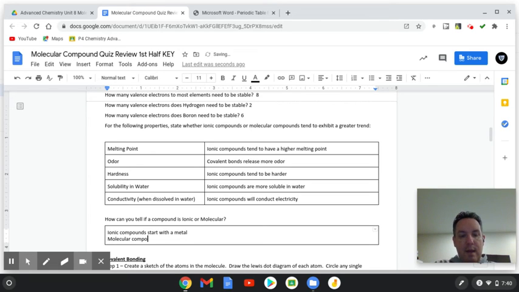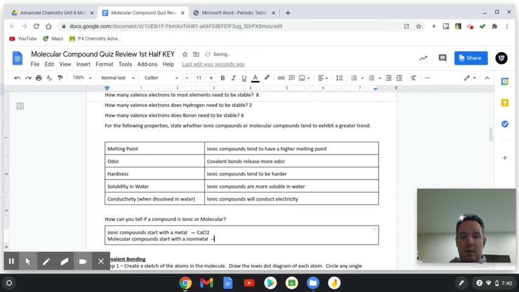Molecular compounds start with a non-metal. So if I give you on the quiz CaCl2, you need to understand CaCl2 starts with calcium, which is a metal. Therefore, it's going to act like an ionic compound.